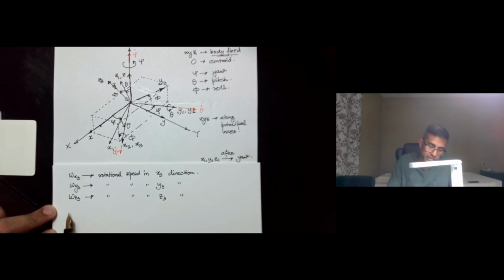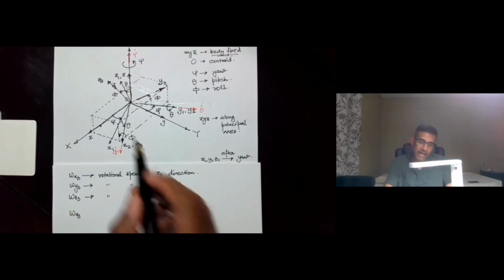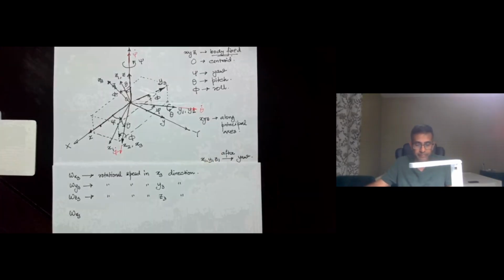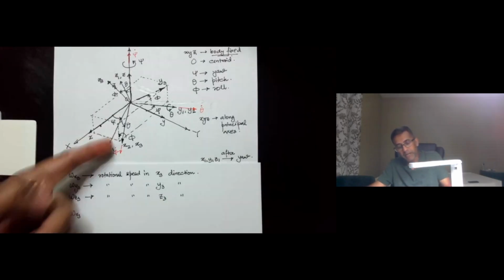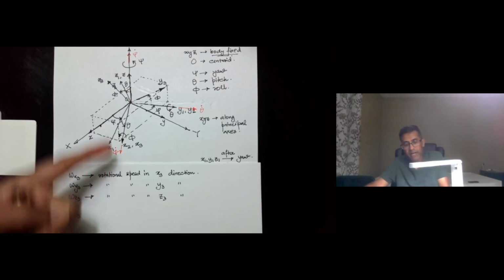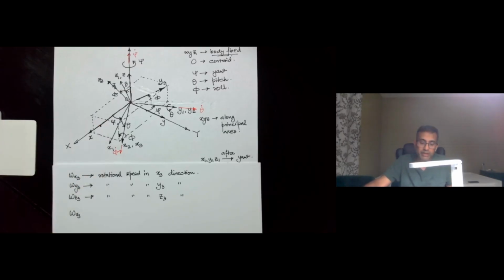So I want to express omega x3 using the angular velocities phi dot, theta dot, and psi dot. Now you can say that, well, omega x3 has to be then equal to phi dot, because phi dot and omega x3 are in the same direction.